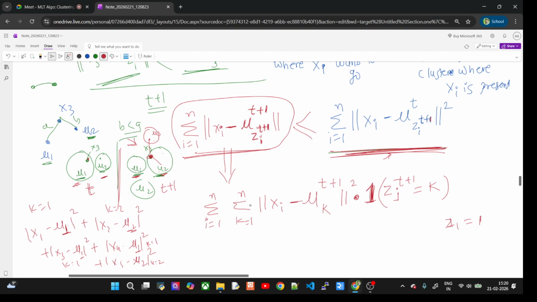We are breaking this entire summation into the data points within each cluster. See, this is one cluster, this is another cluster, this is another, this is another, this is another. So we are breaking this complete value down into smaller clusters.